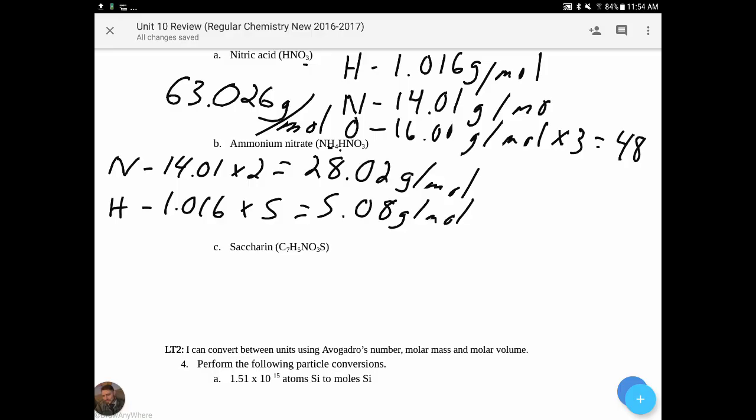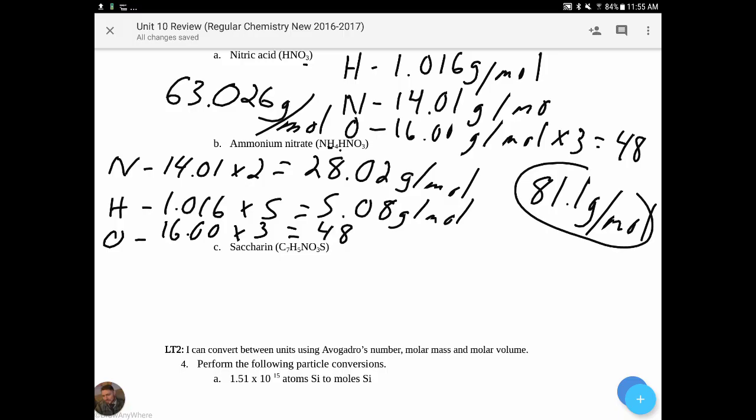And then we have oxygen, which is 16.00 times 3, and we just did that in our last problem. That is 48. So 48 plus 5.08 plus 28.02, and we get 81.1 grams per mole. That's the second one. This is the first one. Oh, and I forgot to do grams per mole here.